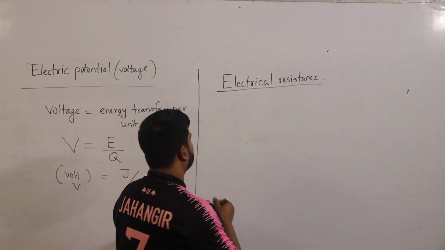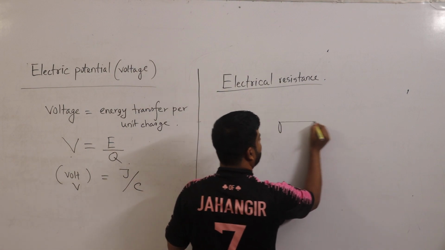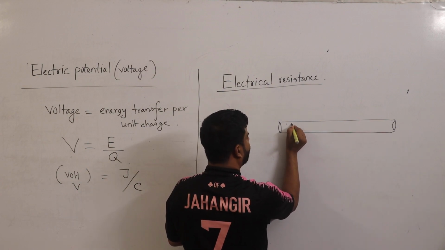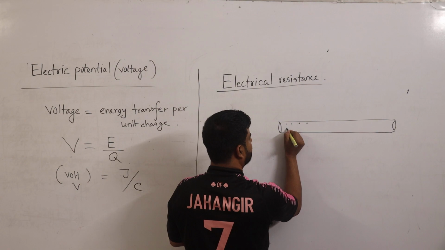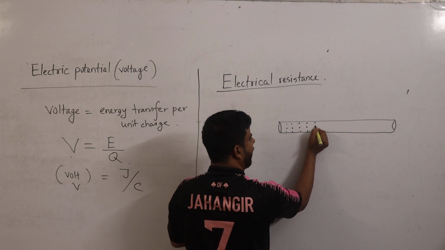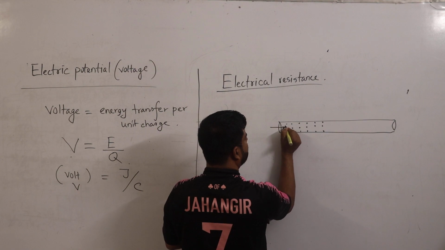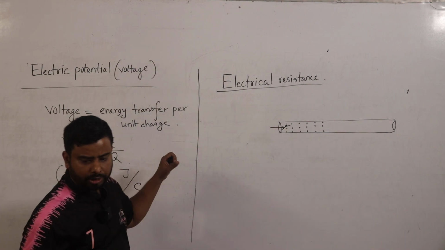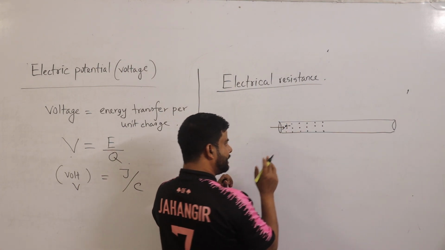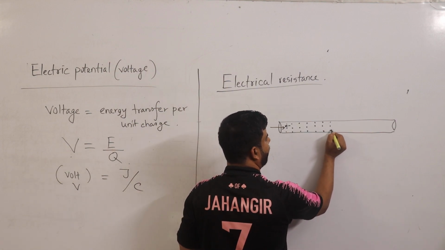When electric current flows through a material or conductor, a lot of collisions occur between the vibrating molecules or ions present in the material and the moving electrons. Say this one is the electron flowing through the conductor, and inside the material a lot of ions or molecules are present and they are vibrating.